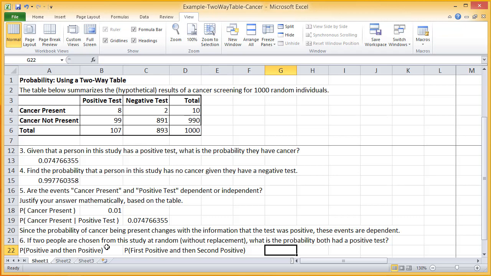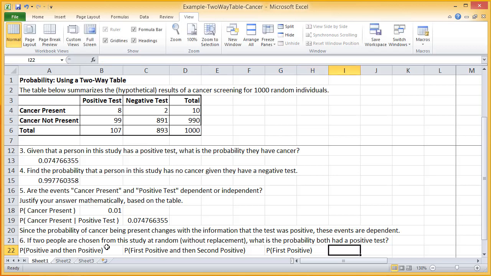And since we're reaching in without replacement, the probability the second person has a positive test changes, because we are pulling one person out, and we need to recalculate the second probability based on removing that first one from the pile we're pulling from. So the first event, the probability the first person is positive, is we're reaching in and pulling out of all 1,000 people.